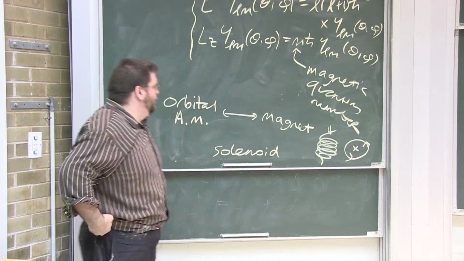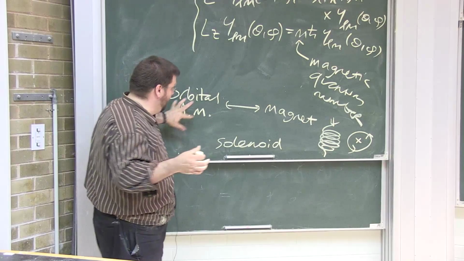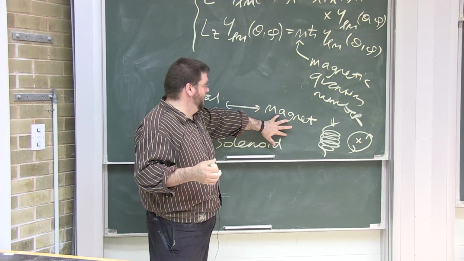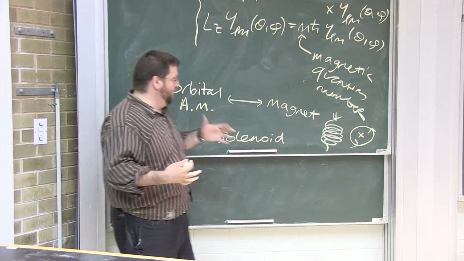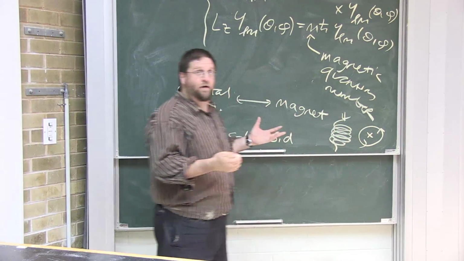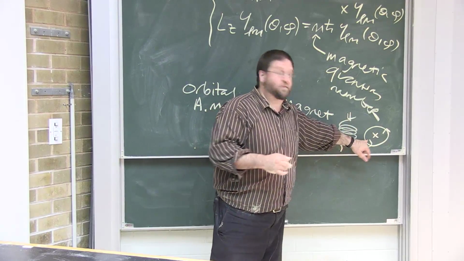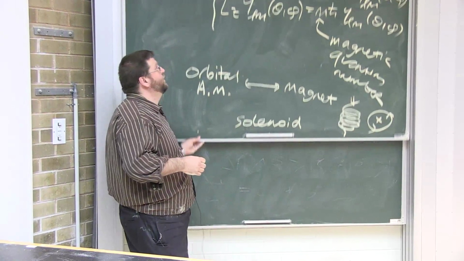So it's the connection between orbital angular momentum for charges in motion, charges in rotational motion, and the link with magnetism, an example of which is the Stern-Gerlach experiment, an example of which is the solenoid, an example of which is the sort of minimal solenoid, which is the current loop.